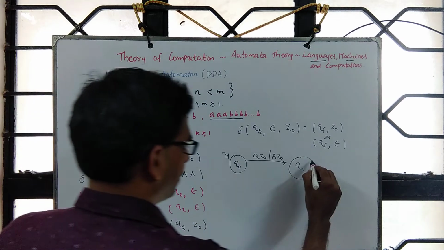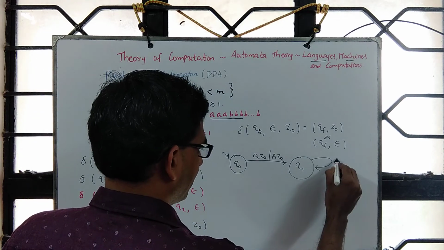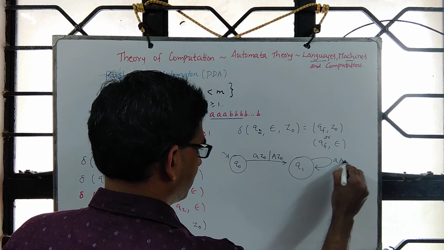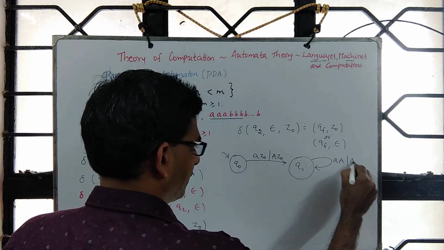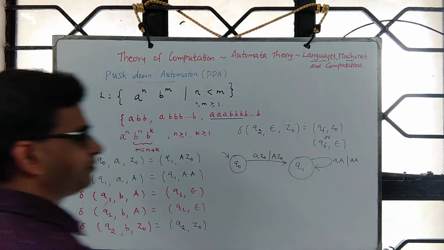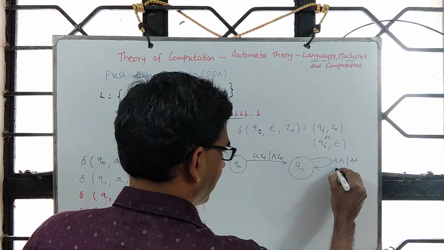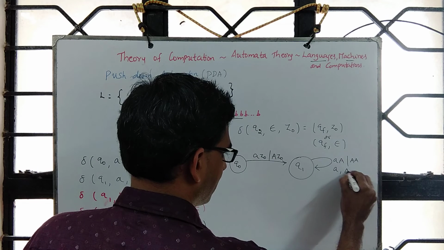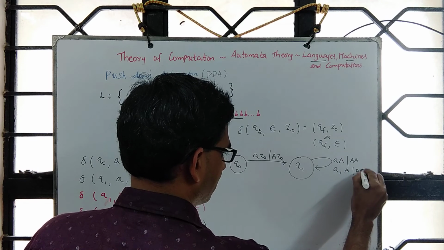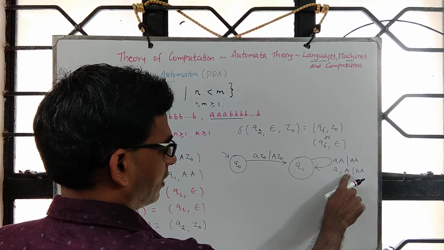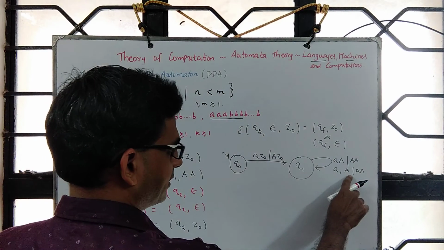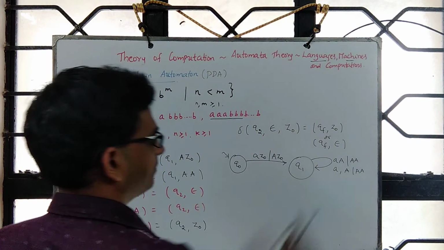When we are in Q1, when we read small a, top symbol is this, then we replace that with this. Okay. You can also write like this, a comma like this, which means this is our input symbol, top of the stack, and it is replaced with this.